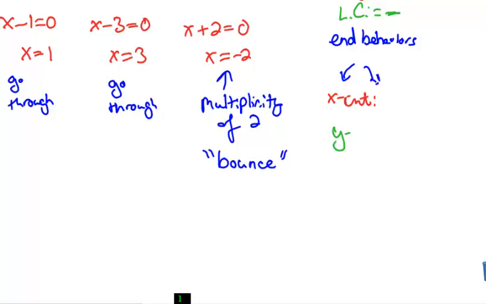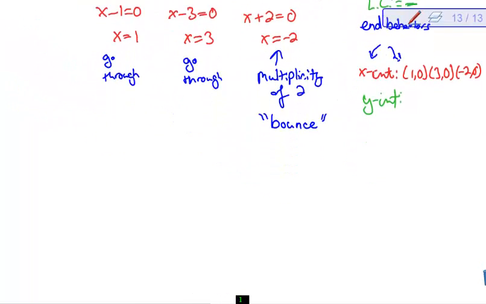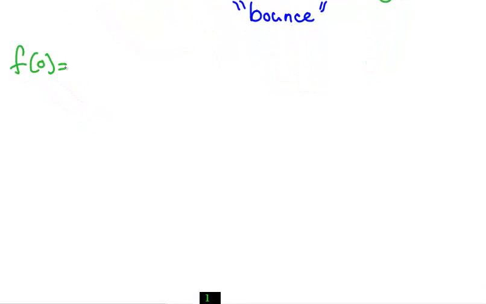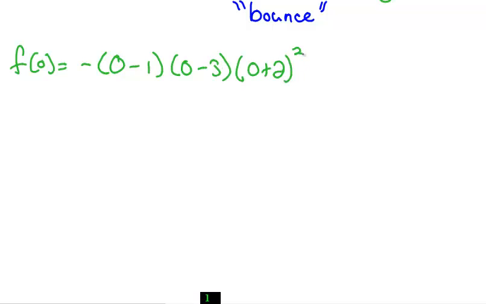Then I need to find my y-intercept. Let's see here, my x-intercepts were (1, 0), (3, 0), and (-2, 0). Okay, so my y-intercept, again, I plug in 0, I say f(0), and that's going to be negative, let's see here, (0 - 1) times (0 - 3) times (0 + 2)^2.